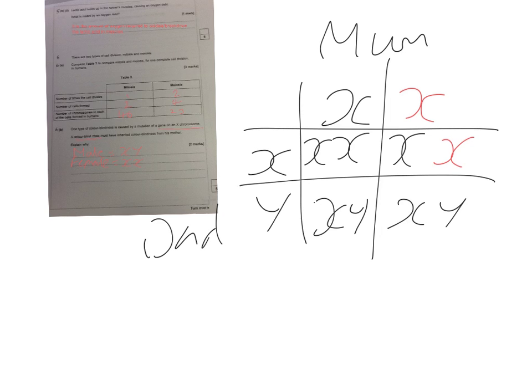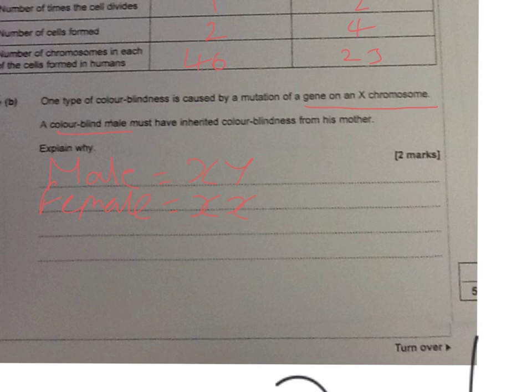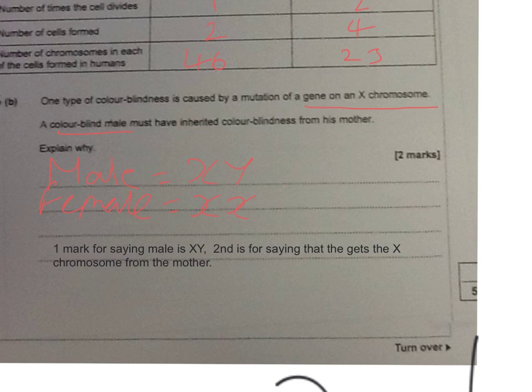So we'll go through the mark scheme specifically for this then. So let's just make this a little bit bigger. You've got 1 mark for saying that the male is XY, and the second is for saying that he gets the X chromosome from the mum.